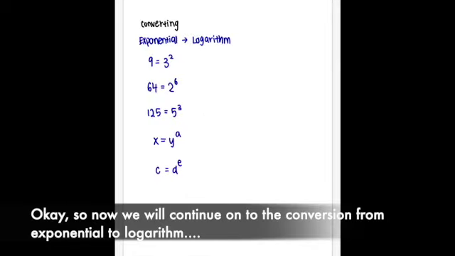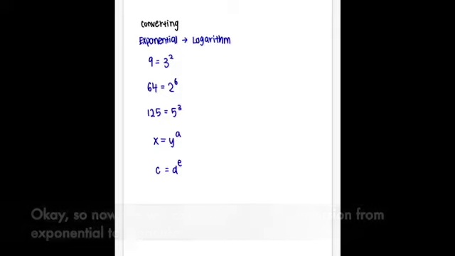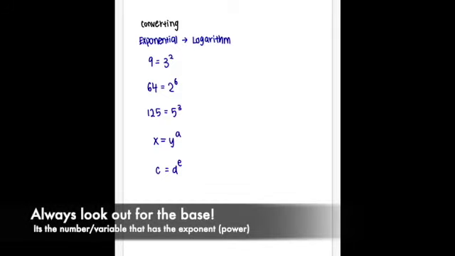Now we'll continue on to learn how to convert from exponential to logarithm. First things first, always look out for the base. The base is the number that has the power, the exponent, which in this case is 3, and in the following examples is 2, 5, y, and d.